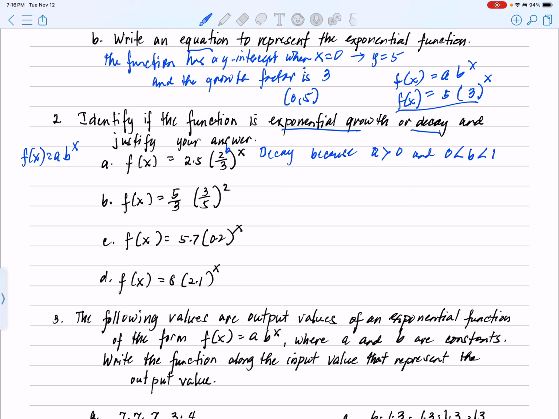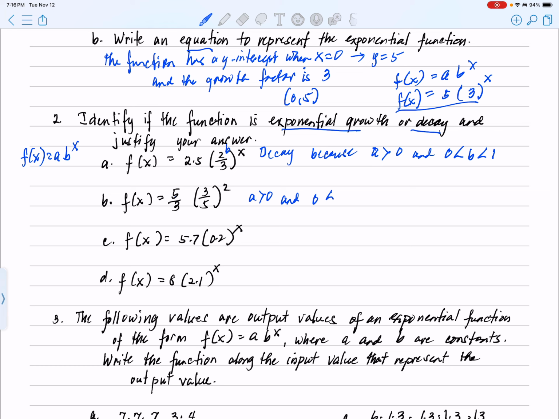In this case here, a is greater than 0, right? But the b, it's still between 0 and 1. It's still less than 1, right?